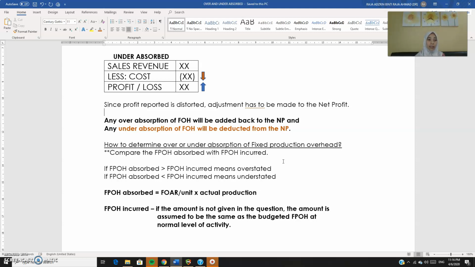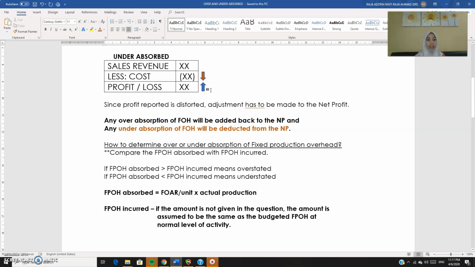To sum it up, you just compare your incurred and your absorbed. If you incur 10 and absorb 8, you have under absorbed. So what happens to your cost? Your cost will be lower. When your cost is lower, your profit will be higher.